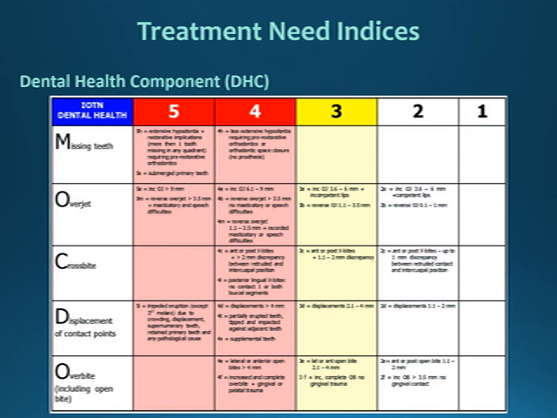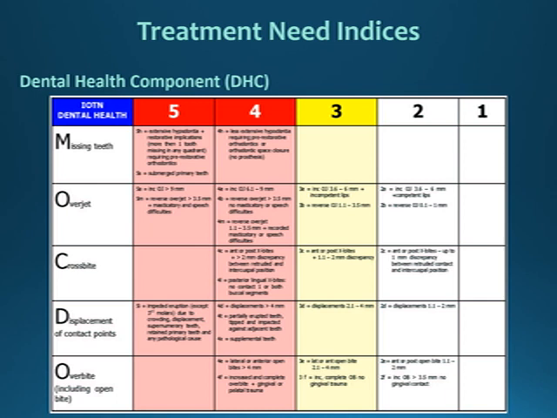If the patient has missing teeth, that means he or she will receive grade 4 or grade 5. If there is no missing teeth, we can go to the overjet and see in which grade we can classify the patient. And if there is no problem with the overjet, we can go to the next, which is a crossbite, and see which grade can be received, and so on.